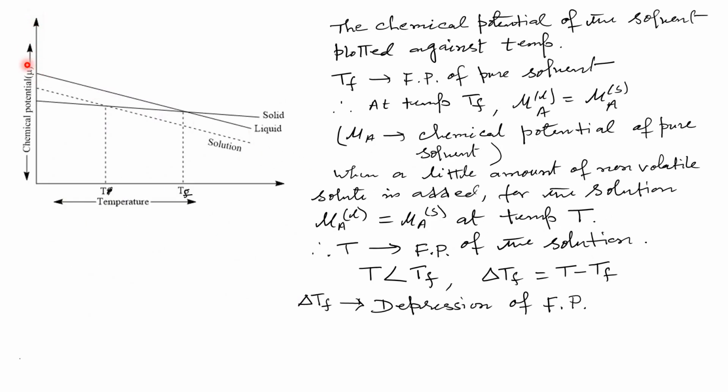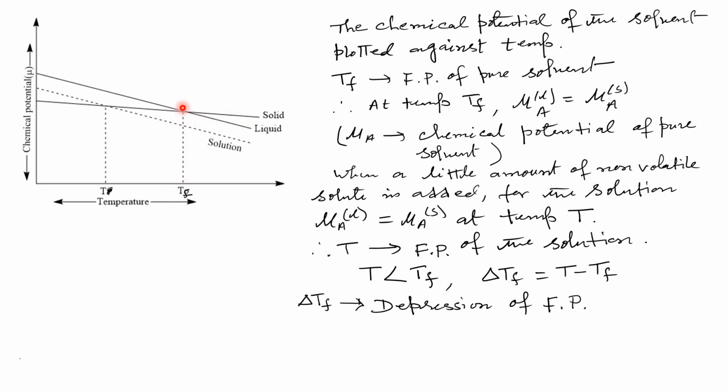Now, this curve is the plot of chemical potential versus temperature. This line indicates the pure liquid and the dotted line the solution, after addition of a little amount of non-volatile solute. And this is the curve for solid. Look at this liquid line, it is touching this solid line at this point.